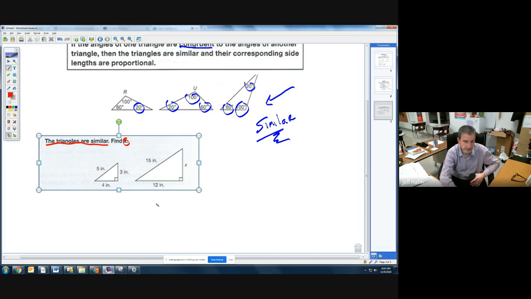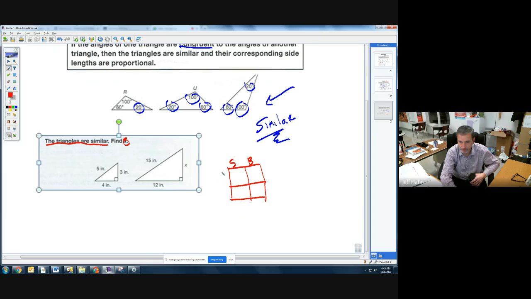It says to find x. Okay, so here's what you need. Just like yesterday we talked about solving proportions, we need ratio boxes. And my ratio box is not very good, but I'm going to do it here. And just like yesterday, it's very important that you label this. Because we're dealing with triangles here, it's probably better to have the small triangle and the big triangle.